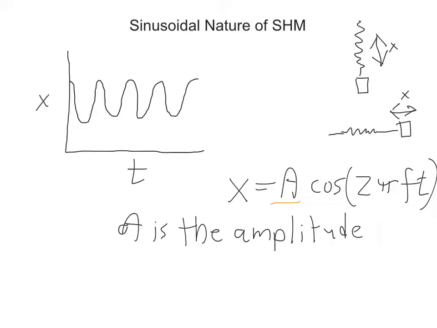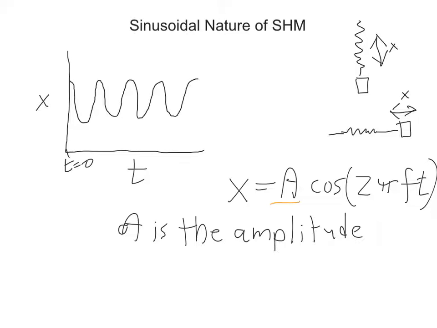Now, what this means will tie into why we're using cosine instead of sine. At a time equal to 0, we assume that the oscillator is being released from a point of maximum stretching or compression.